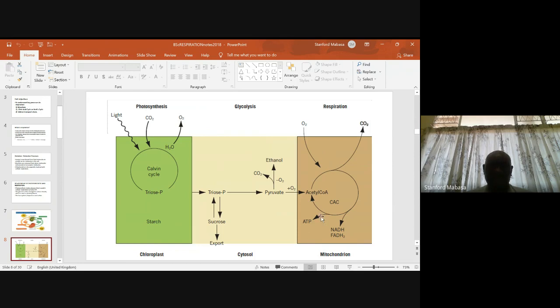This is now respiration, which consumes oxygen and releases carbon dioxide. On the other hand, photosynthesis consumes carbon dioxide and releases oxygen.